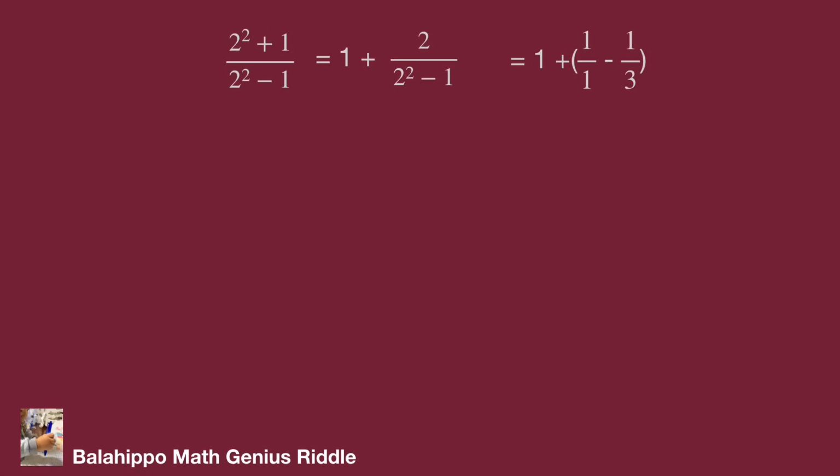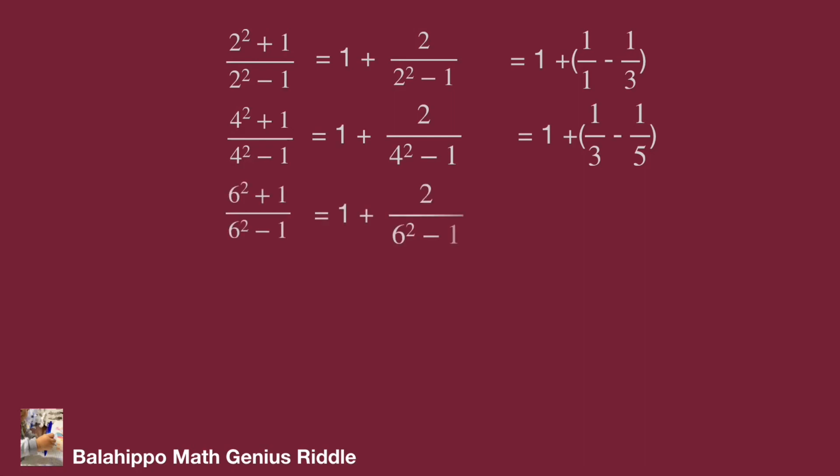Same rules adapt to the second fraction. 4 squared plus 1 over 4 squared minus 1 equals 1 plus 2 over 4 squared minus 1 equals 1 plus bracket 1 over 3 minus 1 over 5 bracket. Next fraction, 6 squared plus 1 over 6 squared minus 1 equals 1 plus bracket 1 over 5 minus 1 over 7 bracket.